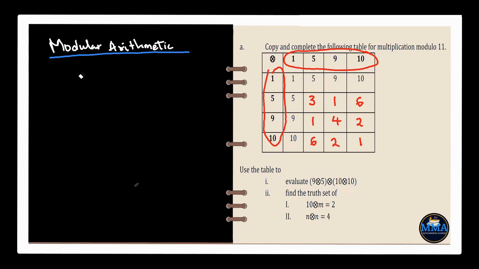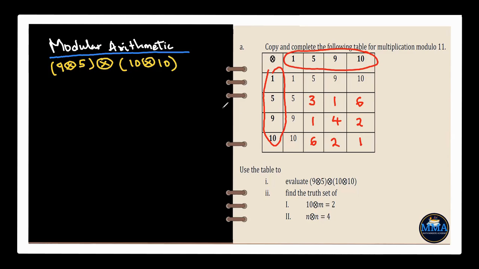Now, the question says, use the table to evaluate 9 times 5, then times 10 times 10. So in the first bracket, we have 9 times 5, then times, the second bracket is 10 times 10.